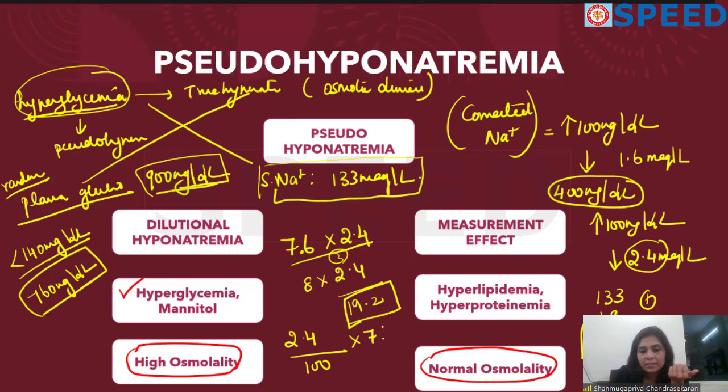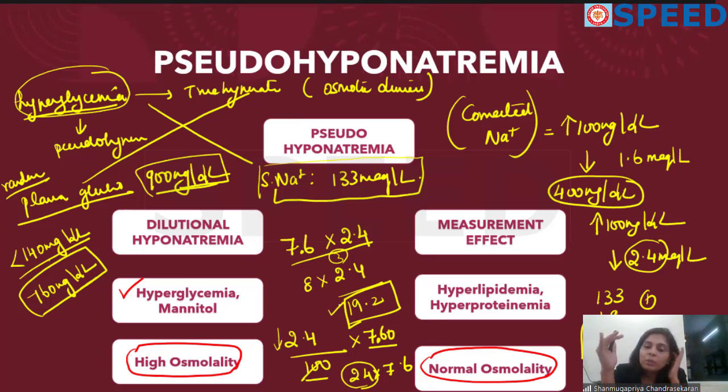For 100 milligram per deciliter increase, serum sodium will be decreased by 2.4. So for 760 increase, how will you calculate it? It's going to be 2.4 into 7.6. So I had it roughly as 2.4 into 8. I got it as 19.2.